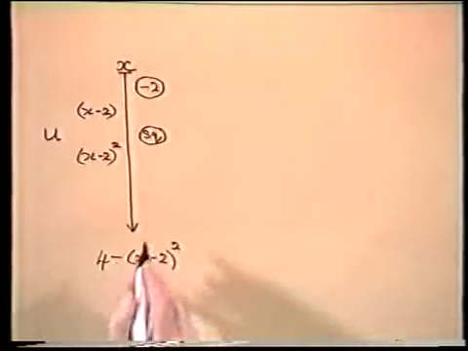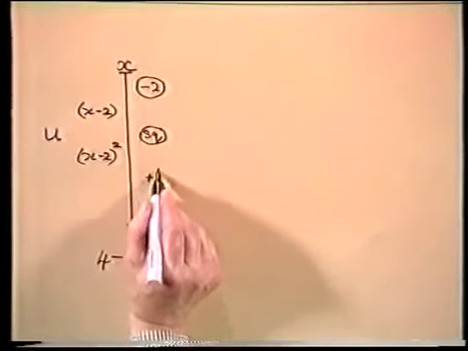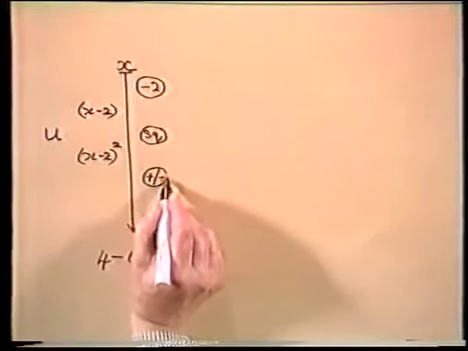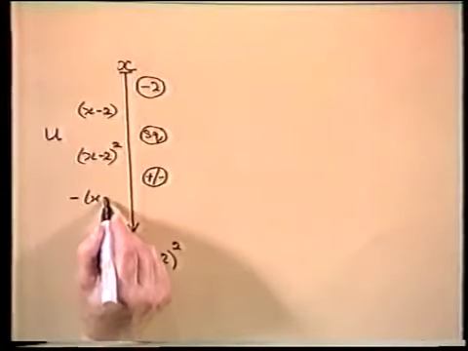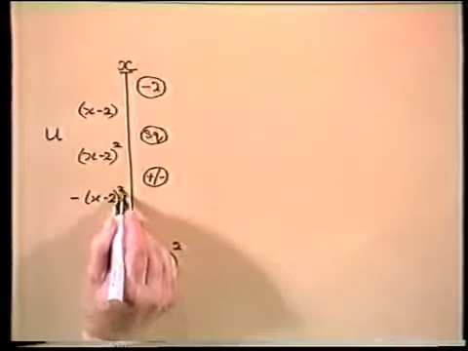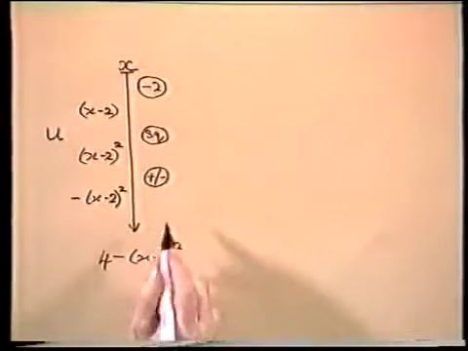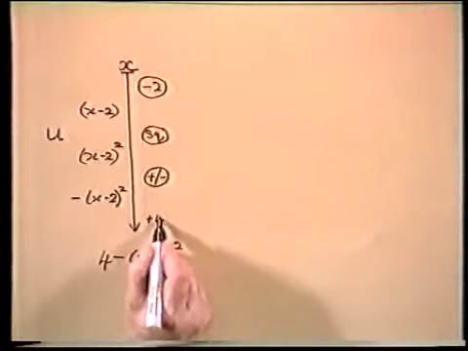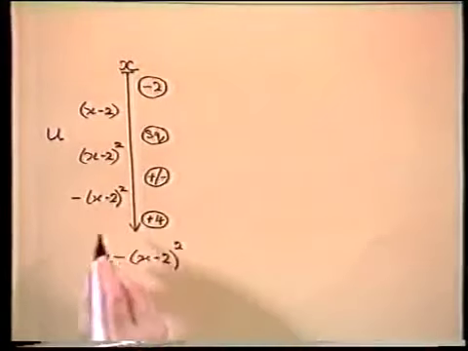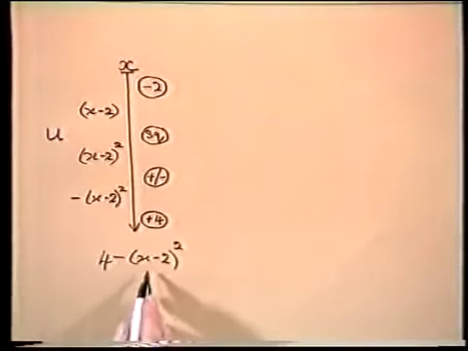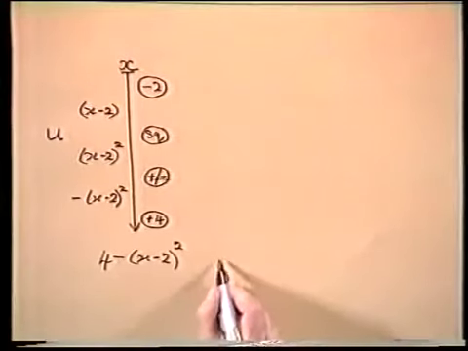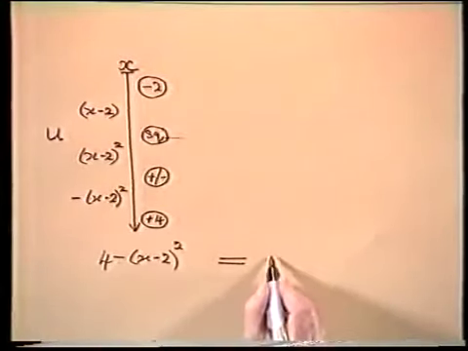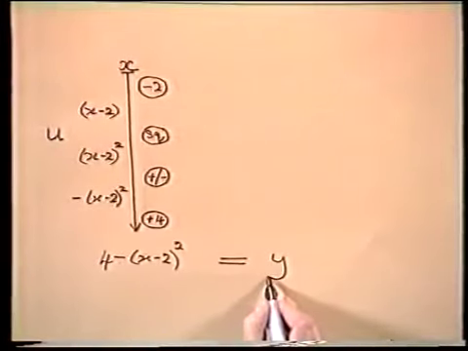And then we want a minus sign there, so we'll have to change the sign. That turns that into minus x minus 2 squared. And finally, we've got to add 4. And then we get 4 minus x minus 2 squared, which is what we're looking for. And that's the output when we input x. And, of course, we usually call that y.